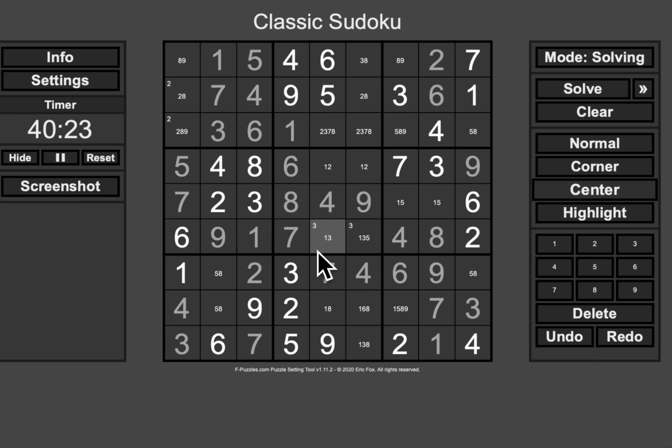Let's see. That's a 5 and that's a 5. So a 5 in the column has to go in one of these places here because the middle is taken by box 2, the left is taken by box 8. It can't go here because this 5, I just placed that 9, so in fact that's a 5.